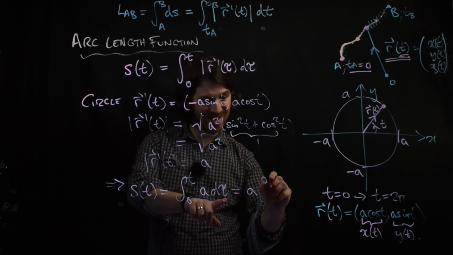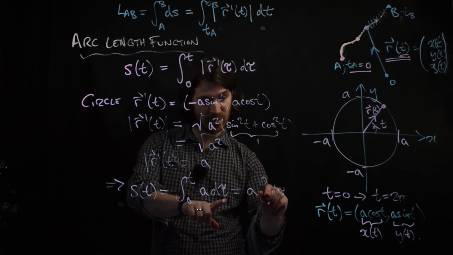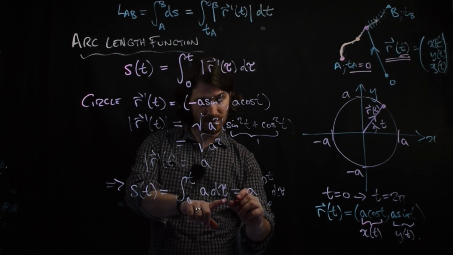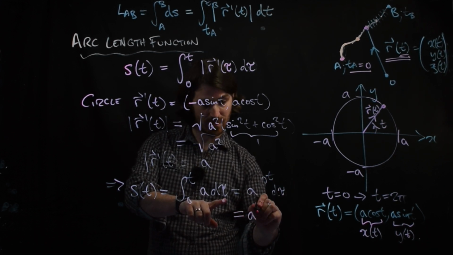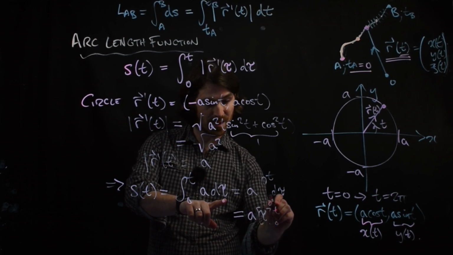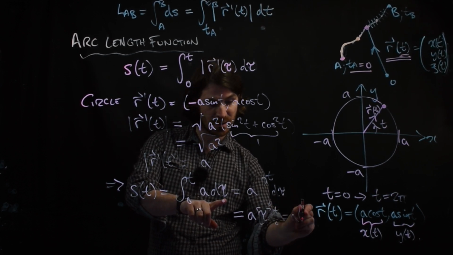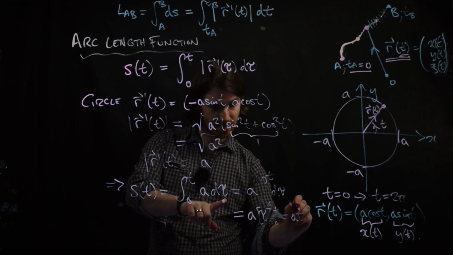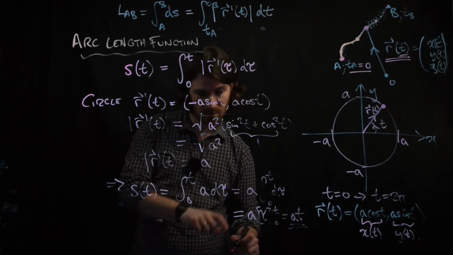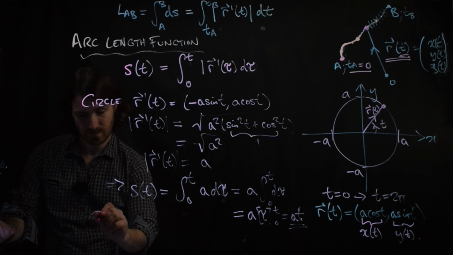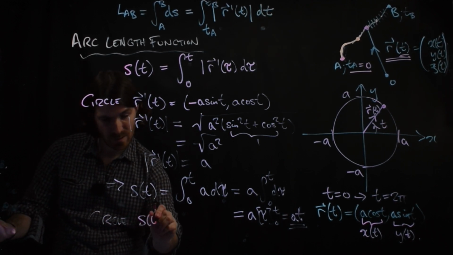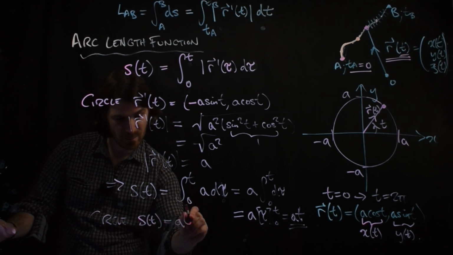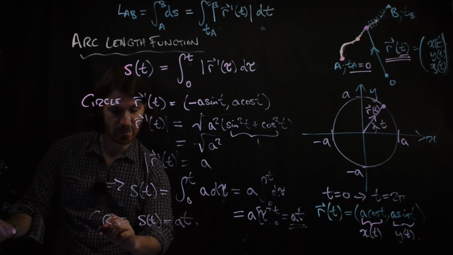So this is a d tau from 0 to t, which is equal to a tau from 0 to t, which is just equal to a times t. Okay, so for the circle, s of t equals a times t. Circle of radius a.